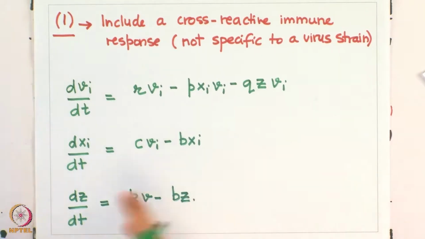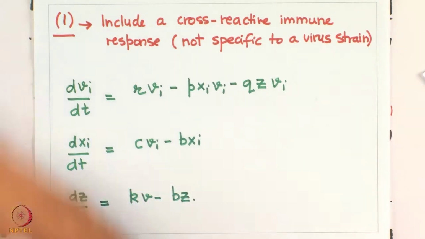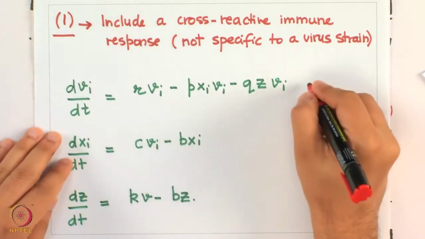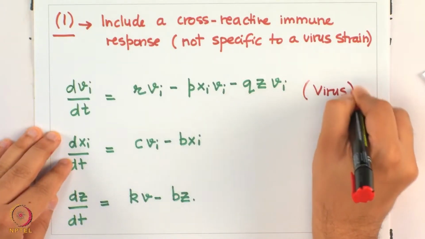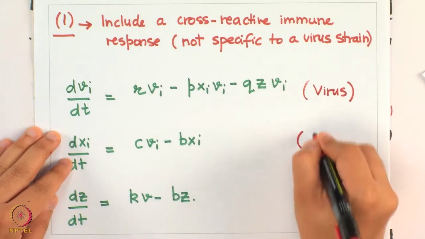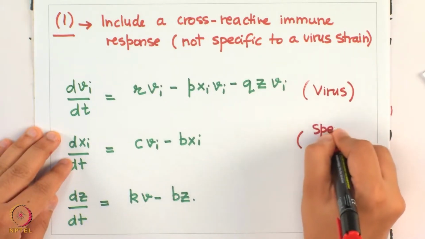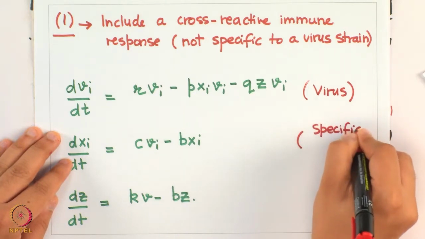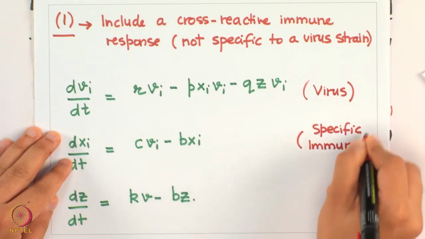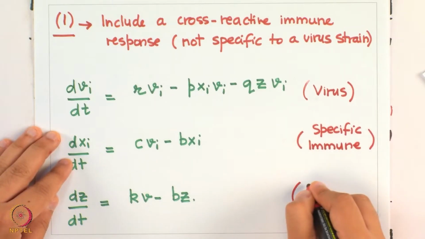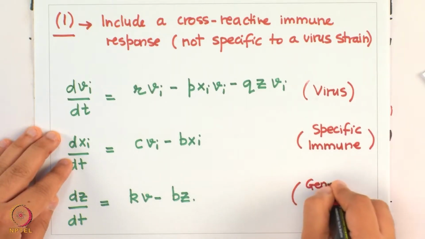Okay. So, what this captures is the first equation is just capturing the virus dynamics. The second is just capturing the specific immune response, and this is capturing the general immune response.